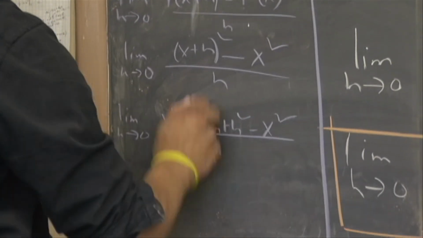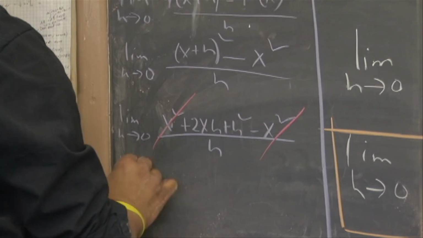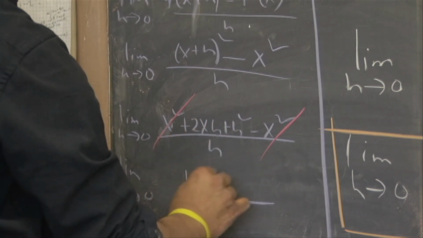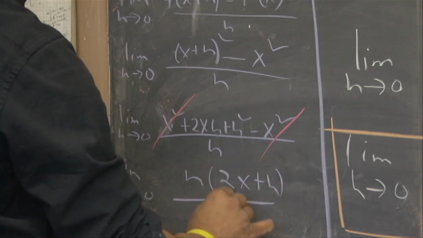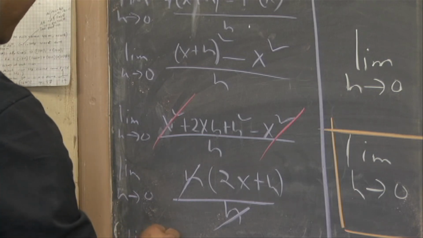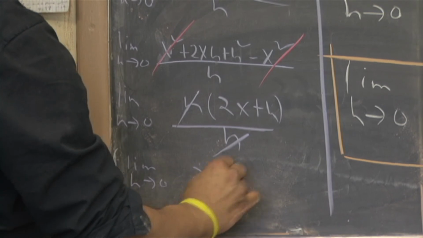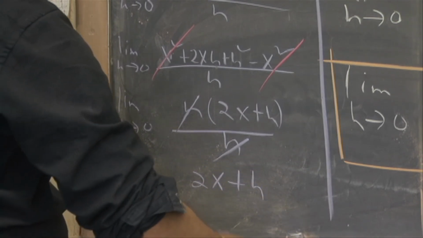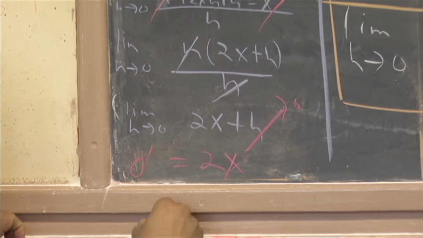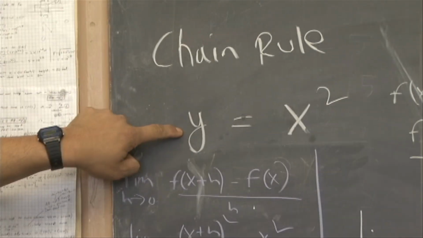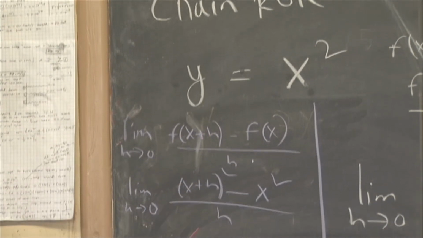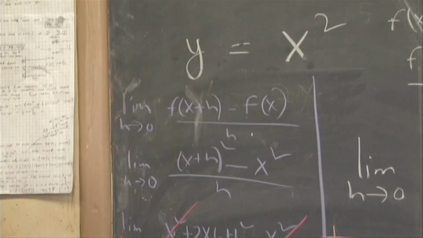Right, so the good thing is the x squared terms cancel. What is the common GCF? h. So this is h times 2x plus h over h, and h cancels. What is that then? Limit as h goes to 0 of 2x plus h. Now h approaches 0, then y prime is 2x. All right, so that's what we got. y prime is 2x. That's the power rule, but we used the limit definition to get the derivative of this function.